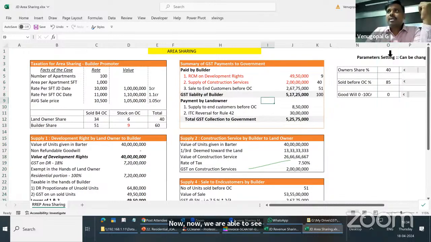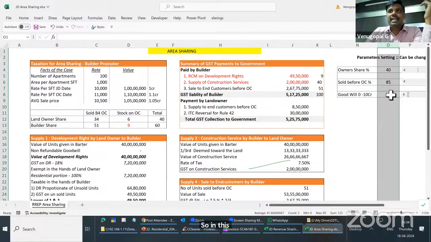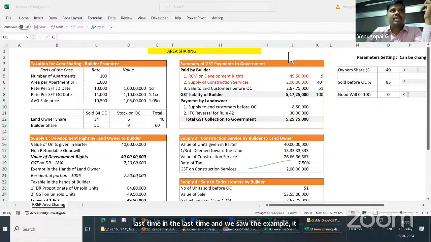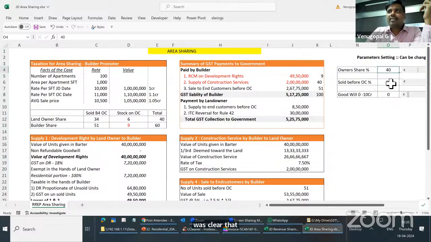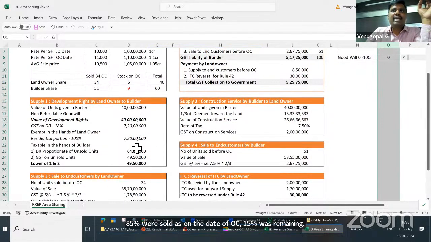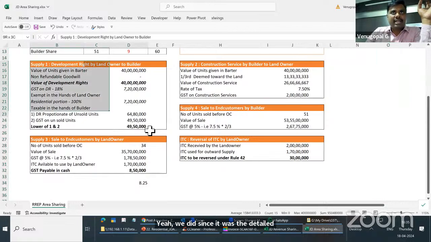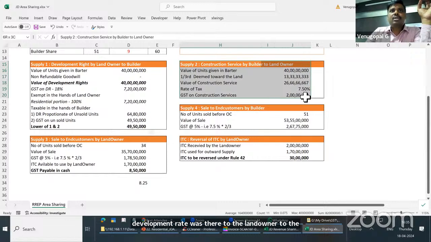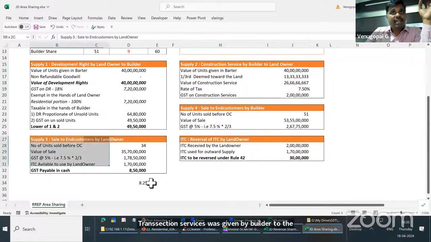So in this example, this is what we did last time. When we saw the example, it was clear that 40% was to the landowner and 85% were sold as on the date of OC, 15% were remaining. Since it was detailed, the development right was given by the landowner to the builder, construction services were given by the builder to the landowner, and these units were further sold by the landowner to the end customers.